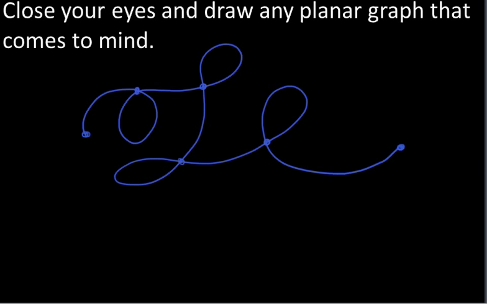And let's see, I'll use a different color and label my regions. I got a region there, I enclosed a region there, I enclosed another region, and another region. And if you consider the entire plane, this graph also determines the region outside of it. So that would be region 5.